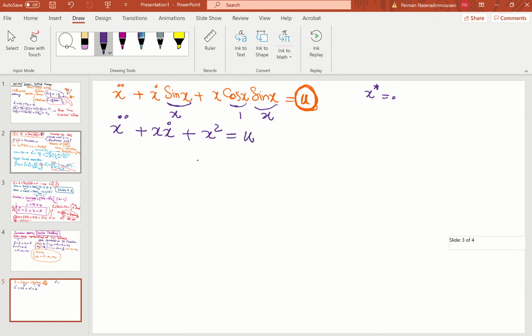Okay, is this an LTI system? What's the answer? 10 seconds. Look at the equation. Obviously it's not. It's still a nonlinear time invariant system. So you're going to say, what do I have to do with this?